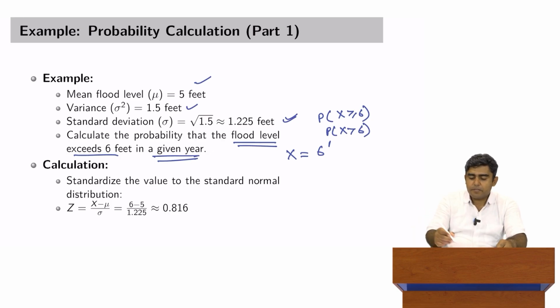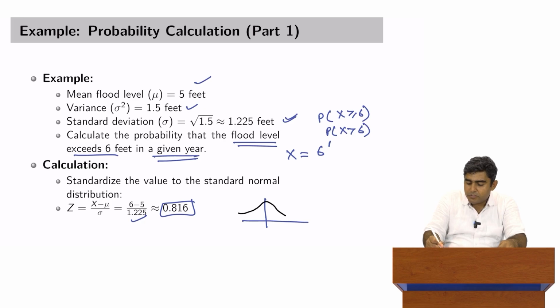Again, the first step here is you see that the mean is not equal to 0. Variance is not equal to 1. What do we have to do? We have to standardize our random variable X. The standardized value of random variable X comes out to be (6 minus 5) divided by 1.225, which is approximately 0.816. Now, immediately what I would do is draw the bell curve for this normal distribution.